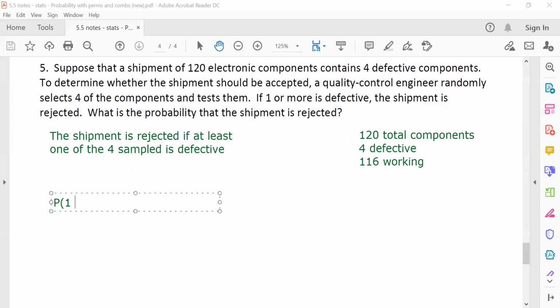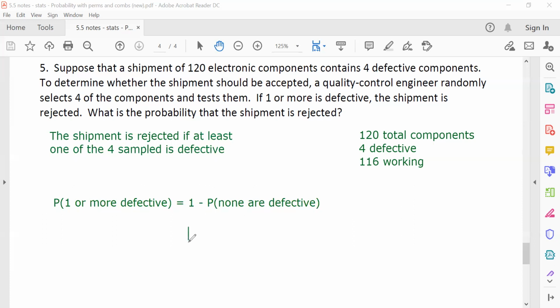We want the probability that 1 or more are defective, but we're going to use the complement rule and say we're just going to find 1 minus the probability that none are defective. I'm going a little quick here because we're almost out of time. Now the probability that none are defective, we need to do some combinations here.